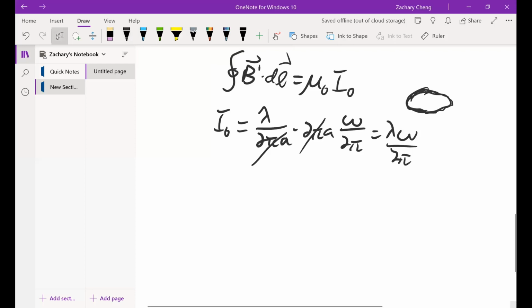So now we look back at this integral, and we integrate this.